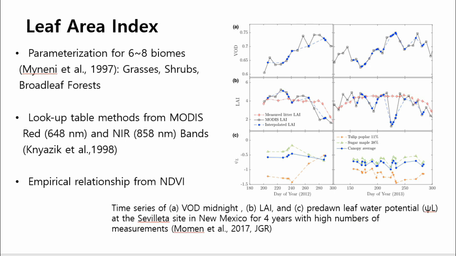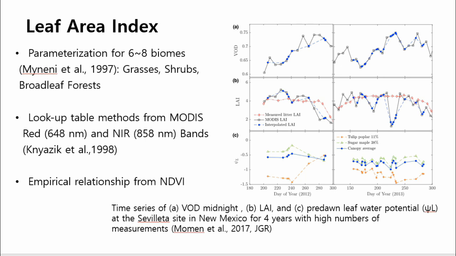LAI is more complicated to retrieve from reflectance and thermal infrared bands. They categorize the land cover biomass into 6 or 8 different biomes and parameterize their relationships with vegetation properties.